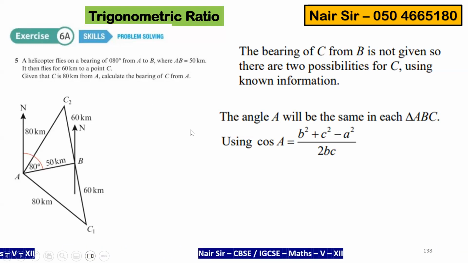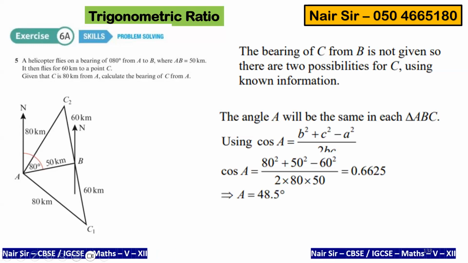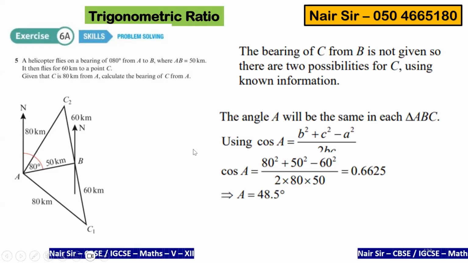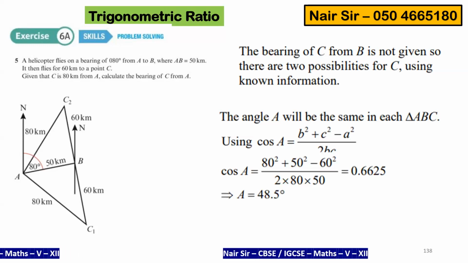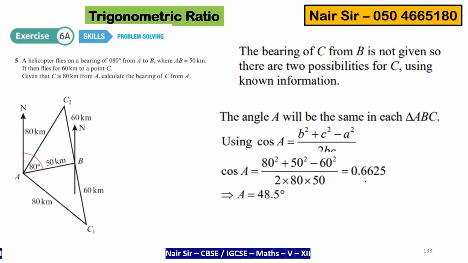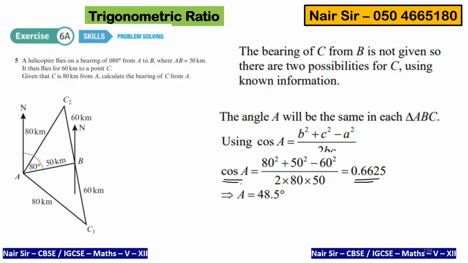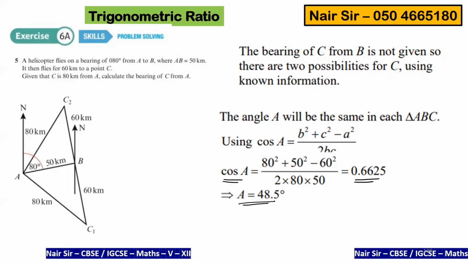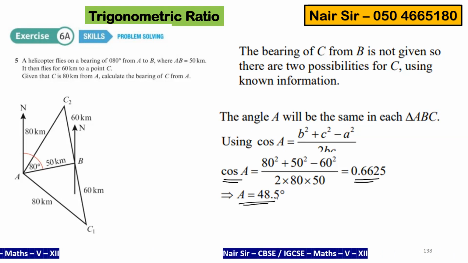When I substitute the values, I get this value. And what is this? This is nothing else but cos of A. You can use your calculator and you will get the answer. A is 48.5.